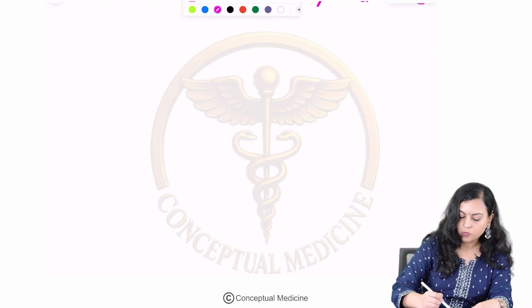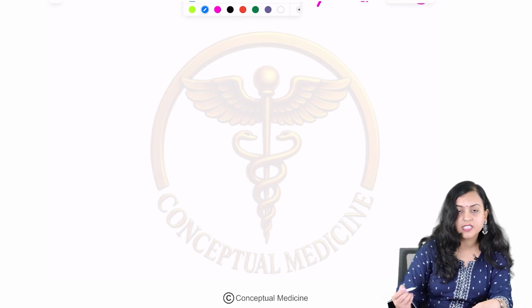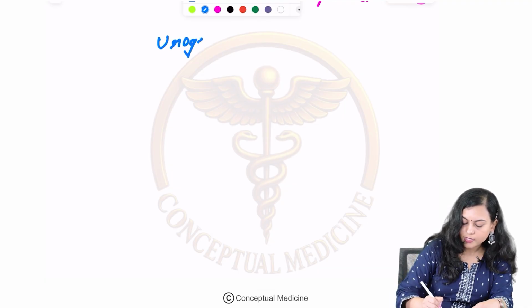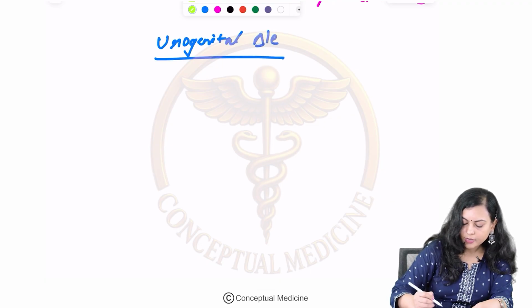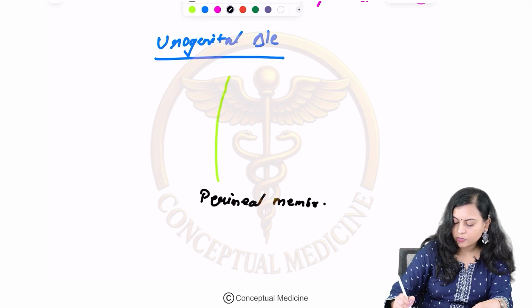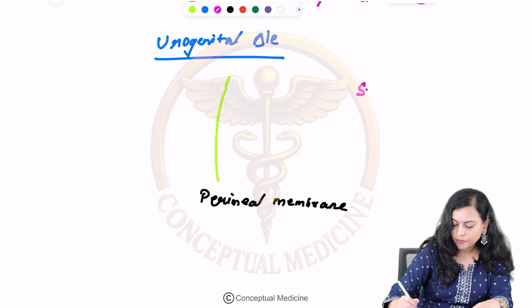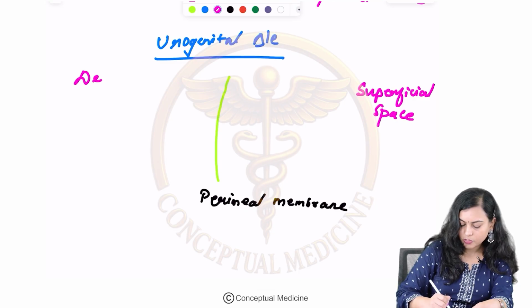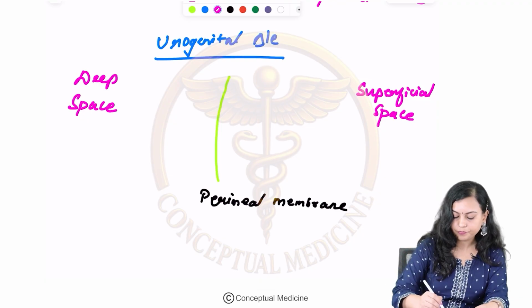Now, this urogenital triangle is divided into two spaces by a membrane called the perineal membrane. The first space is also known as superficial space or compartment, and that which is present deep to the perineal membrane is also known as deep space of the urogenital triangle.